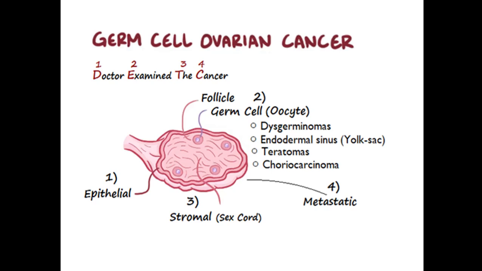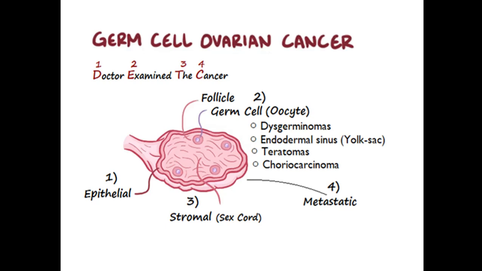T, teratoma. Teratomas are tumors that may contain cells from any of the three germ layer cells, and they are also known as the monster teratomas.